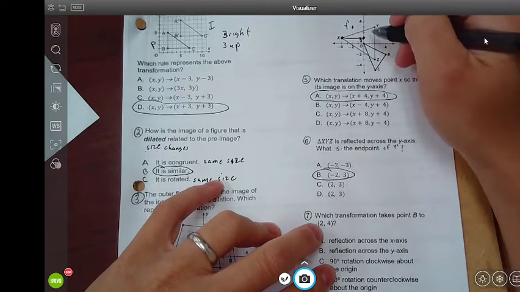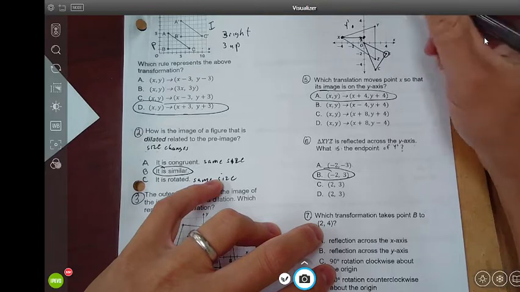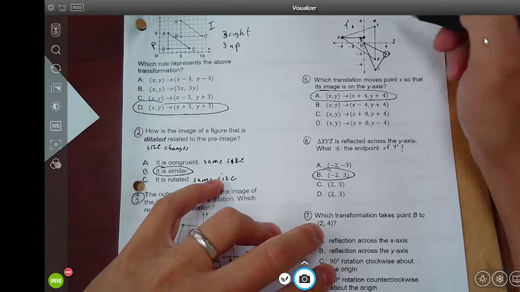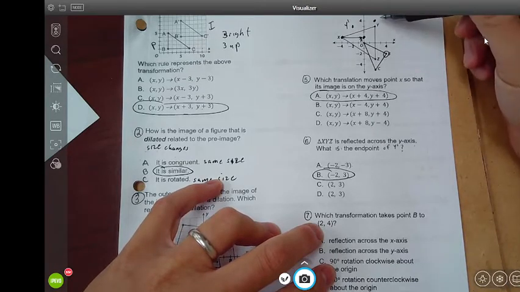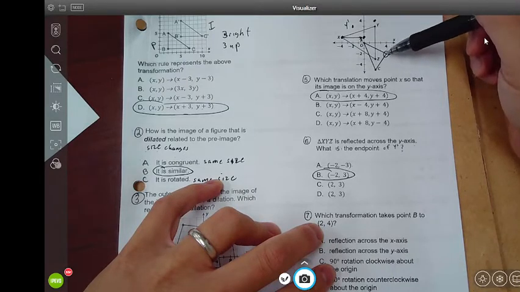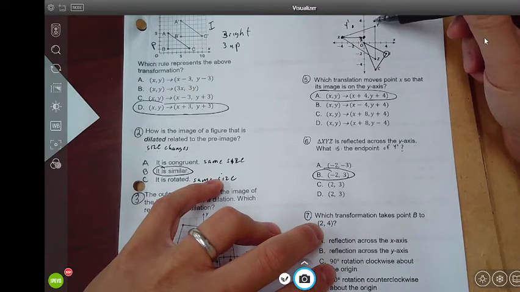Here is point B right here, and it's moved to x is 2 and y is 4. Notice it's not a reflection. Notice also that the original point was 4, negative 2, and then it went to 2, 4, both being positive.